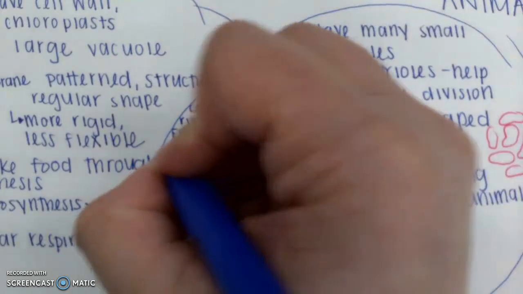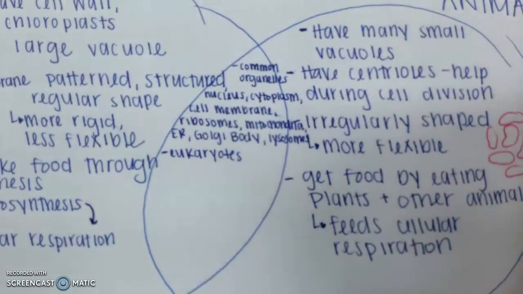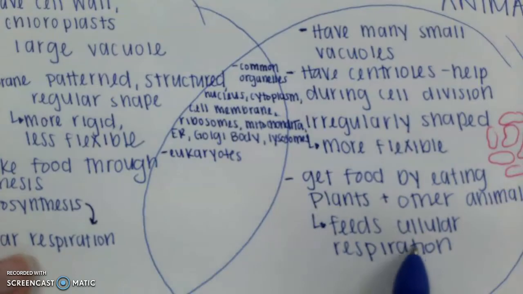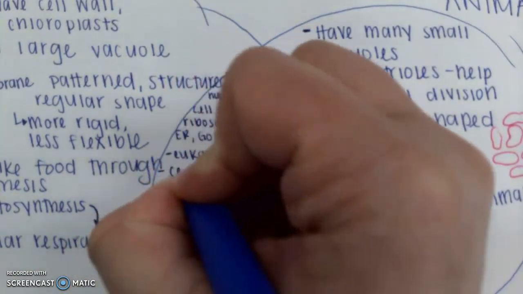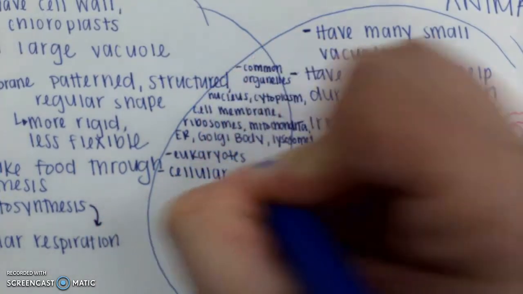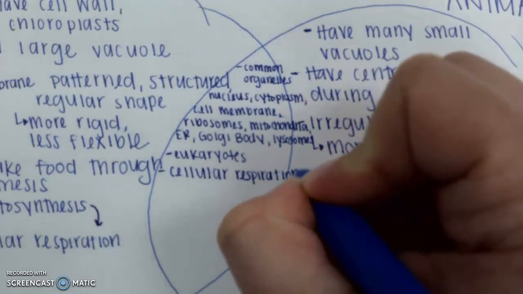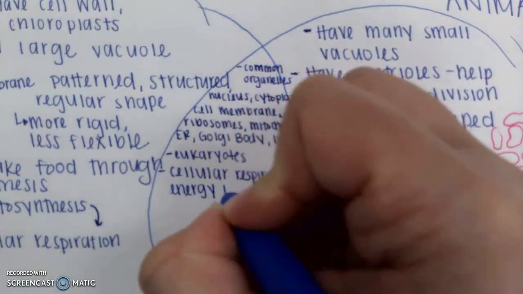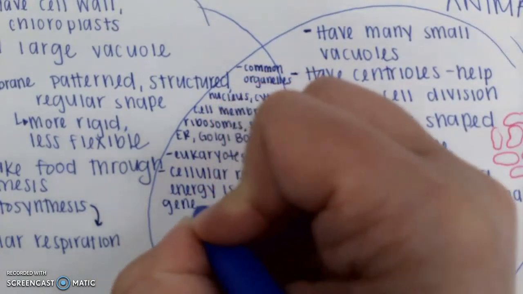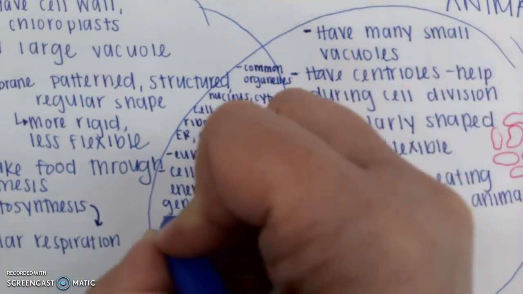Well, they're both eukaryotes. And we wrote cellular respiration for both. So they both do cellular respiration, which is where energy is generated in the mitochondria, the powerhouse of the cell.